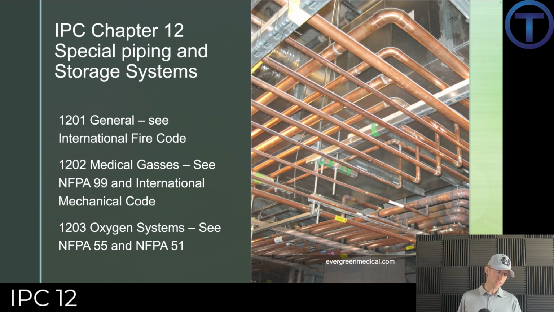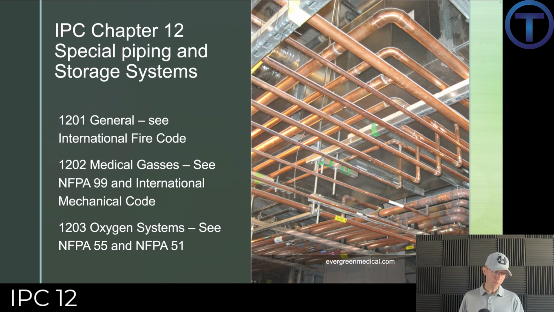1202 focuses specifically on medical gases, and it refers us to the NFPA 99 code. It also mentions vacuum systems and says go check out the International Mechanical Code. So you see what they're doing here, right? They are saying that there are other codes, other standards that have already been established, and rather than rewriting that or putting it into here, they're just like, go check it out over there, right?